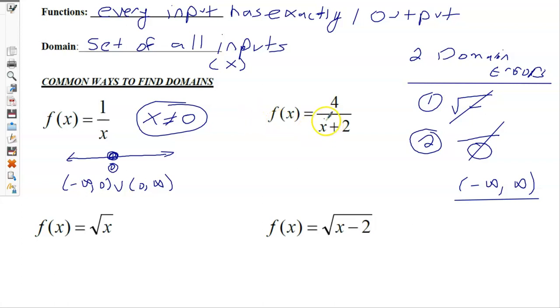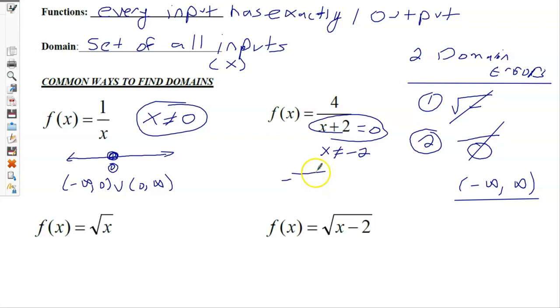As I jump across here to 4 over x plus 2, right, we don't want our bottom to be 0, so we're simply asking, okay, when would x plus 2 equal 0? Well, in this case, x cannot be negative 2, because if we were to plug in negative 2 to this function, it's going to give us 0 in our denominator, which is going to be no good.